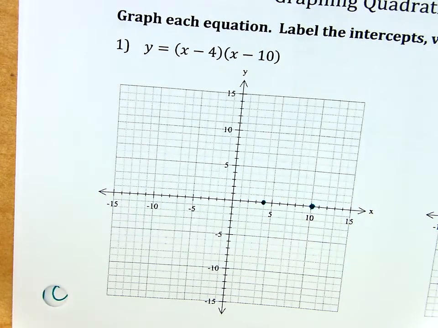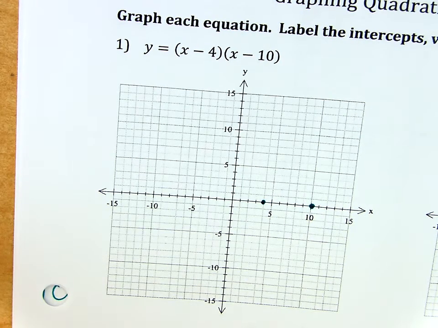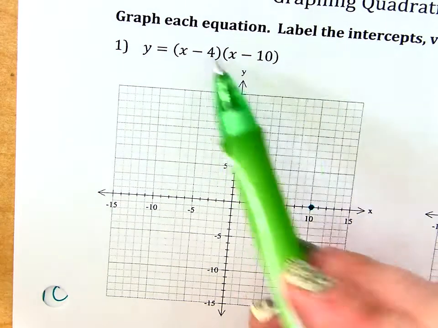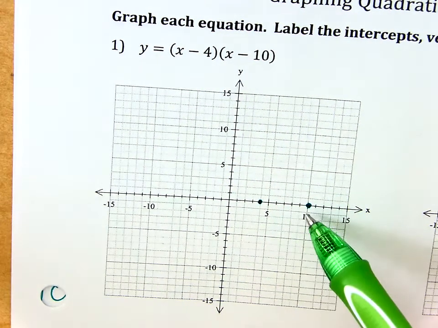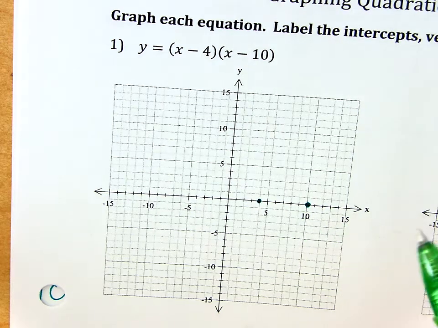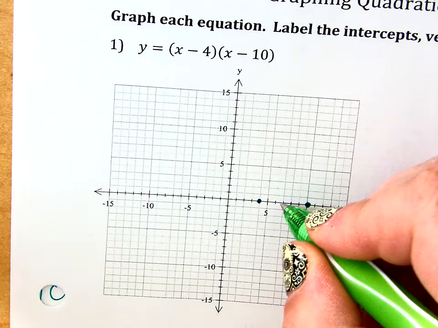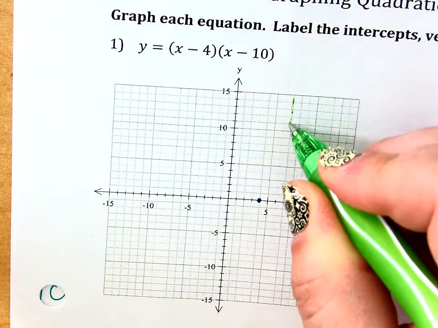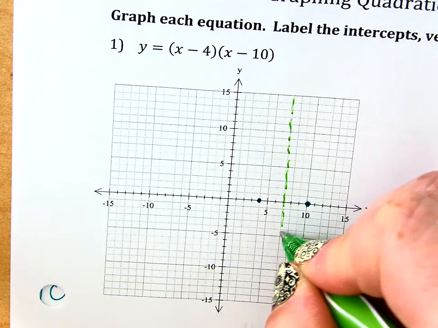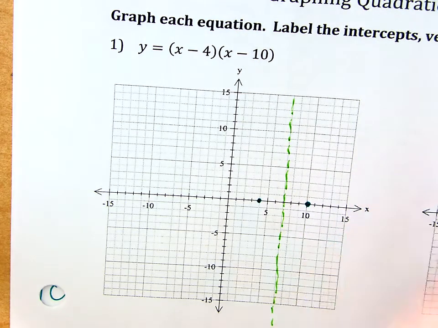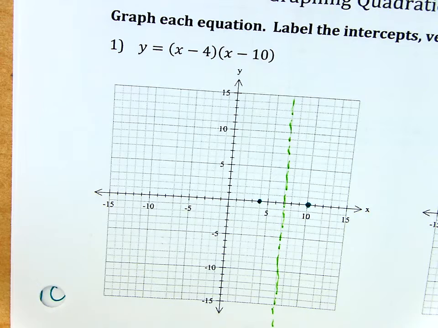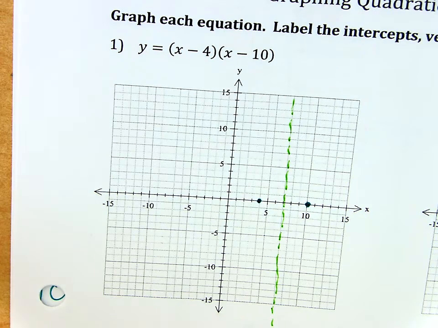What's the x-coordinate of my vertex? 7. If you add them together, positive 4 plus positive 10 is 14, divided by 2 is 7. So at 7, that's where my axis of symmetry is going to lie. My vertex will be somewhere on that line. I just don't know where. It's going to be 7 comma something.